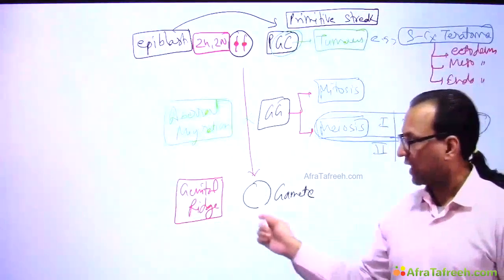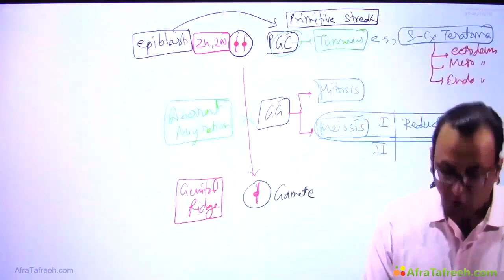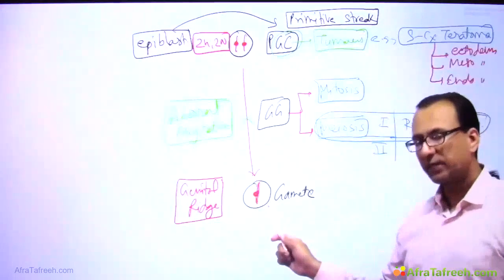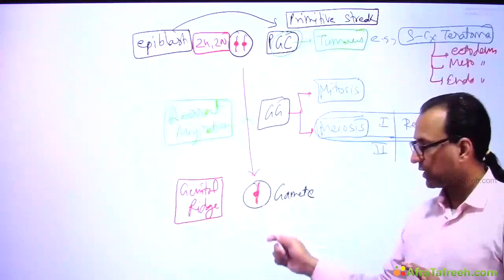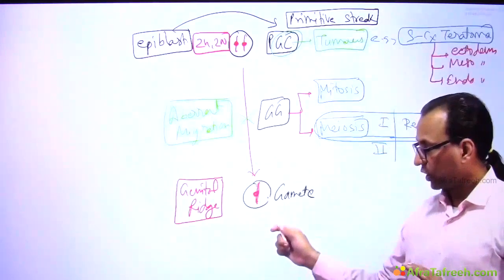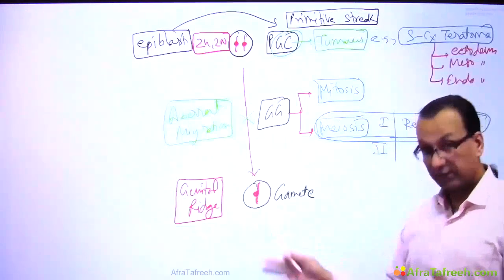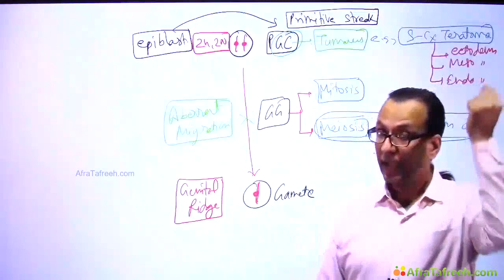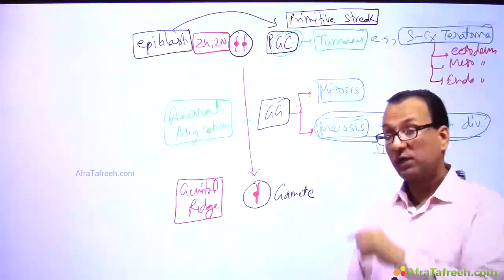If it is half the number, it means you can have either maternal or paternal chromosomes. Yes, a gamete can have either. Actually, it will be a mixture of maternal and paternal chromosomes, 23 from mother and 23 from father, but it is a mixture. The hair color may come from the mother's side and the nose size may come from the father's side.